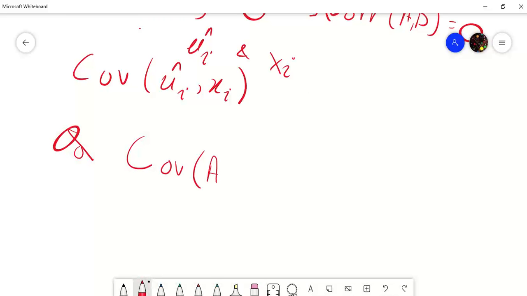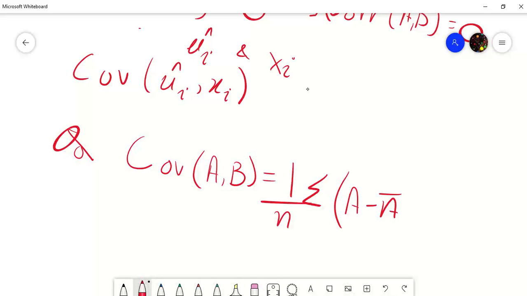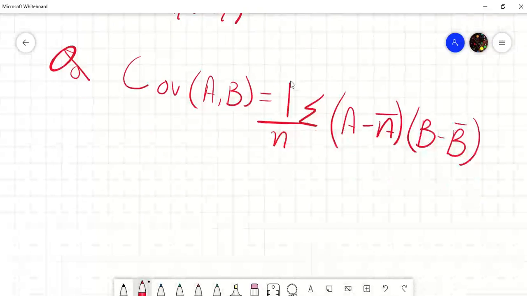Covariance AB is equal to 1 by n summation A minus A bar, B minus B bar. This is the formula for covariance.